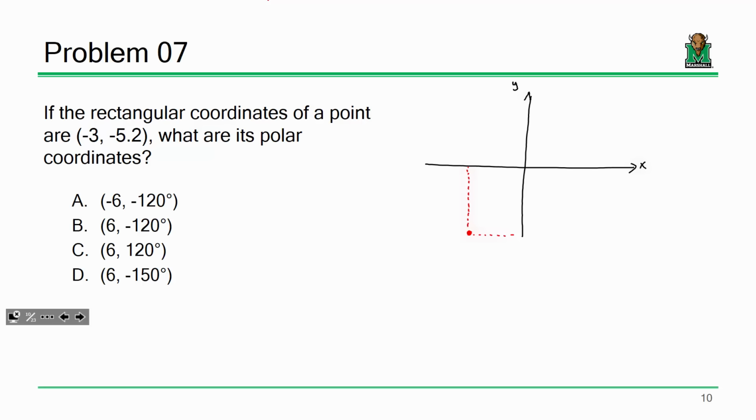Okay. So first off, we know that this is 3 and this is 5.2. So tell me, polar coordinates, we need the radius. We need r. So how are we going to find that? You don't need to. That's a great point.